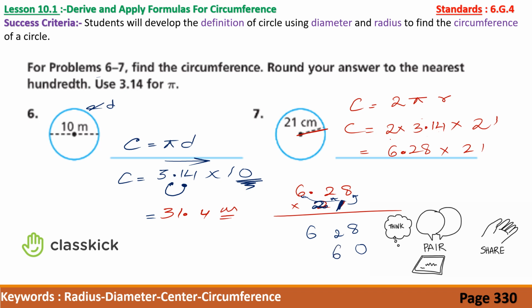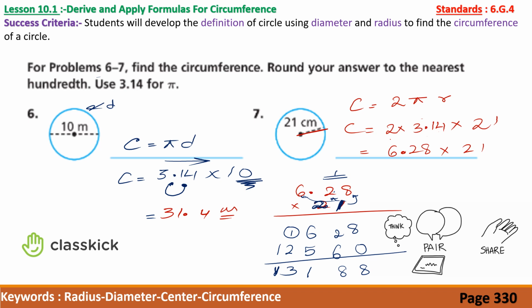Write the 6 and 1 carry. 2 times 2 is 4, 4 plus 1 is 5. And then 2 times 6 is 12. Now add everything. 8, 6 plus 2 is 8, 5 plus 6 is 11, 1 down, 1 carry, 2 plus 1 is 3 and under the 1 put the 1.